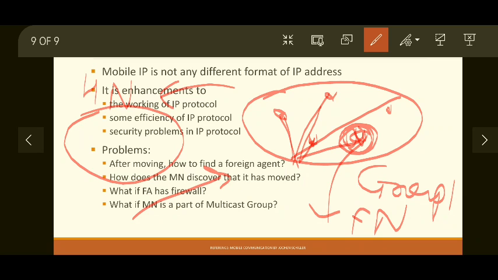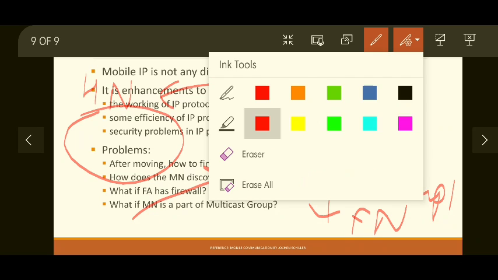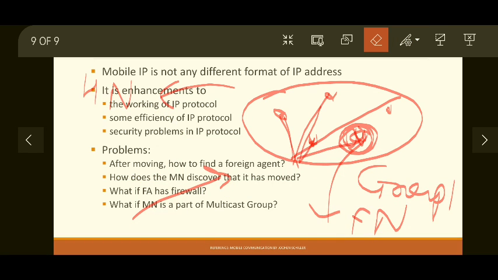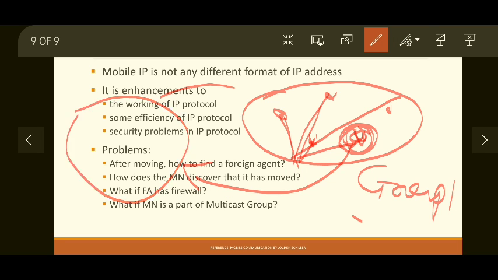Now when it moves to the foreign network, let's assume it has moved to the foreign network. The multicast group of the home network is invalid in this foreign network, because the multicast group also has a subnet prefix belonging to the home network and this foreign network is using some other subnet prefix.